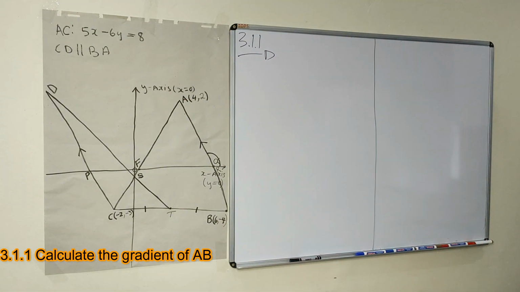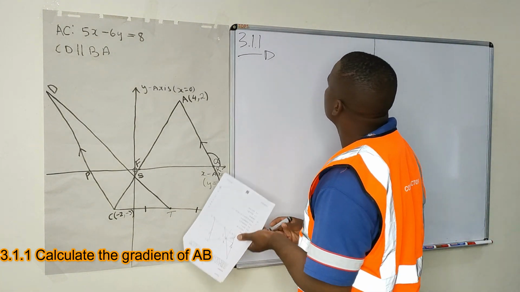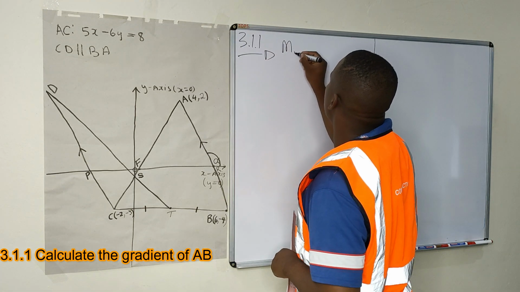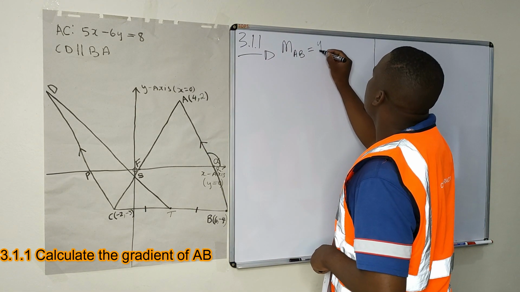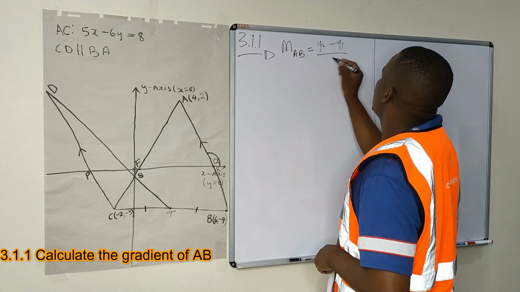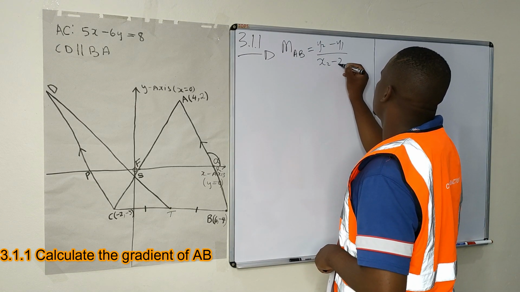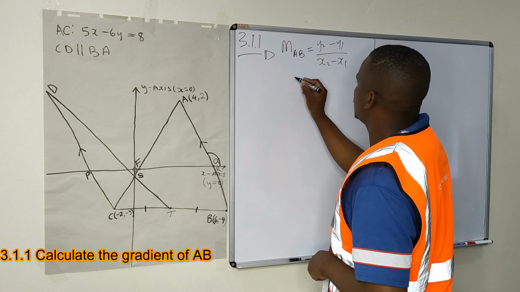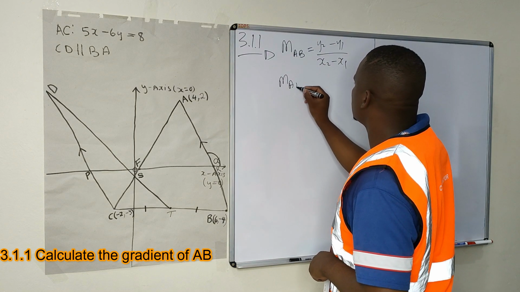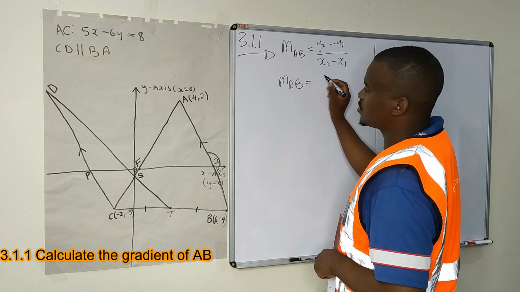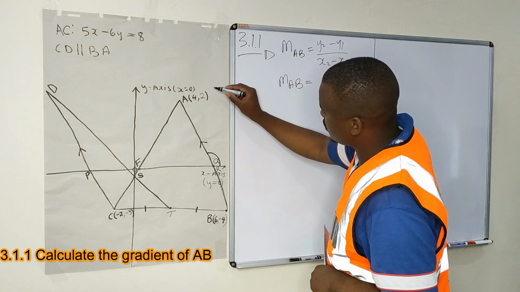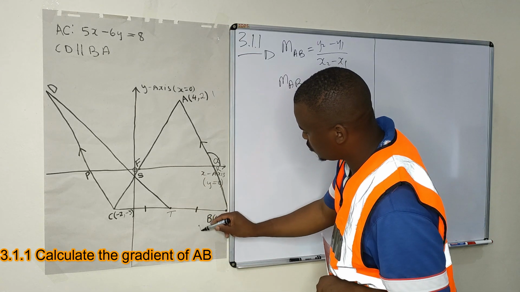Let me get the calculator. To find the gradient of AB, the gradient is equal to (y2 minus y1) divided by (x2 minus x1). So m of AB is equal to: you can say this is point number 1, this is point number 2.